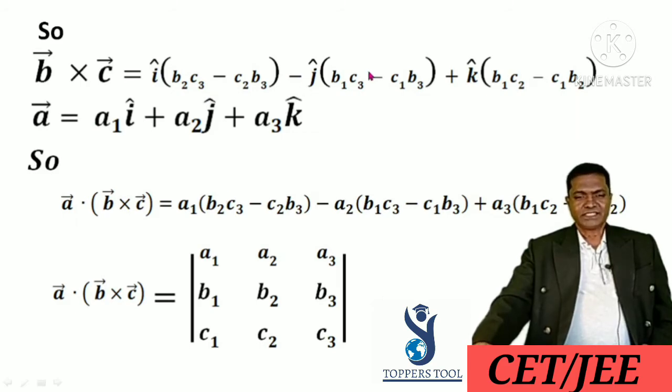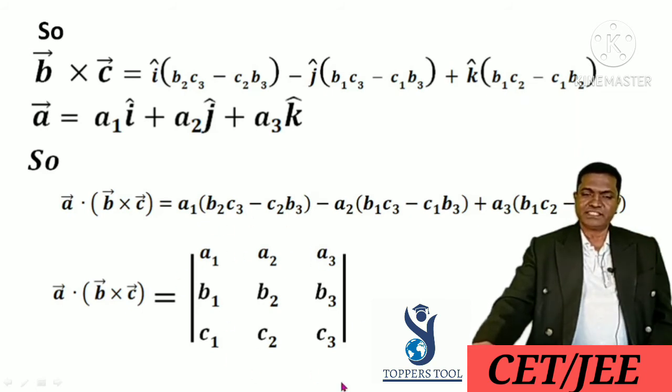Next, this into this. We have a minus here, so I can write minus here. Next, this into this, that is A3 into this. Okay. Now, what is this? This is the expansion of this determinant. If we expand this determinant along the first row, you will get this expansion. So this expansion can be put in the form of a determinant.